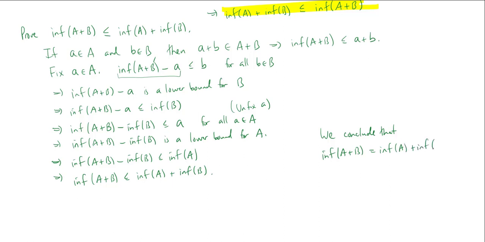And of course, this assumes that both A and B are at least lower bounded so that infima exist. Whew. It wasn't that long on the test because we only had to do one half of it. All right, let's move on to problem number 9.